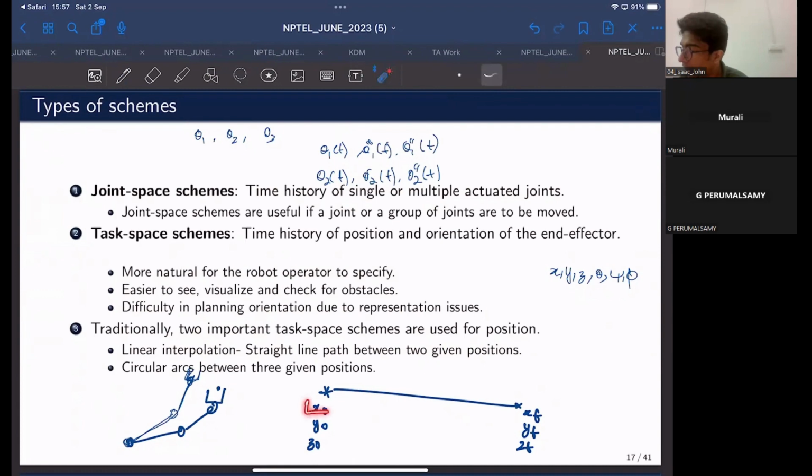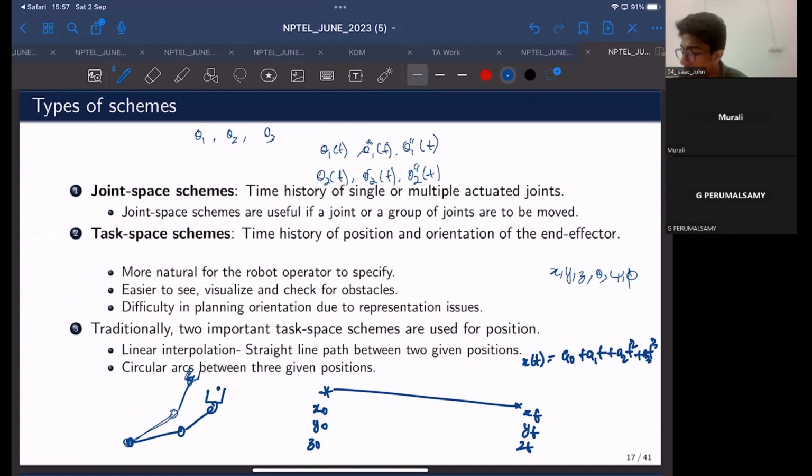So what we do is that we first come up with a trajectory in one variable, in whichever method you prefer. Maybe a cubic polynomial, maybe x of t as a function of a0 plus a1t plus a2t square plus a3t cube, and the remaining coordinates would be a straight line function of the first polynomial.